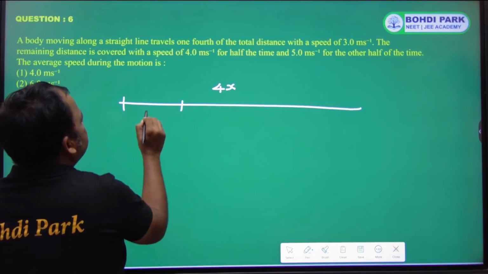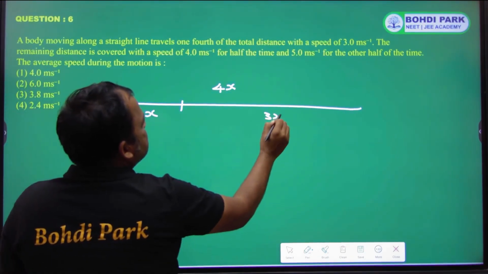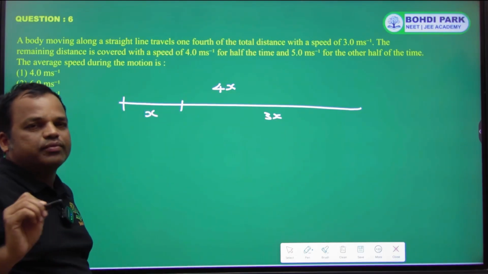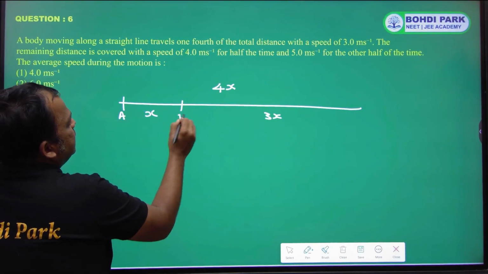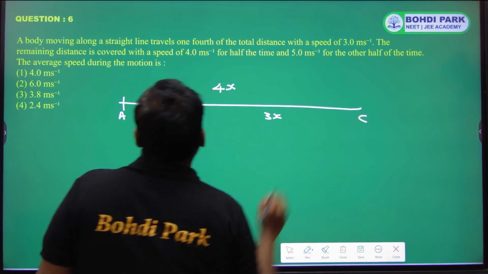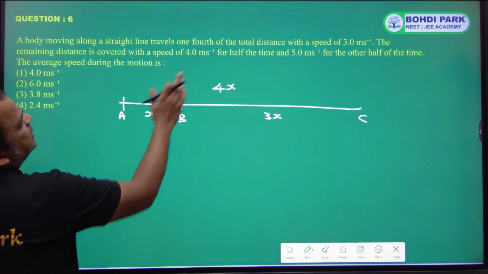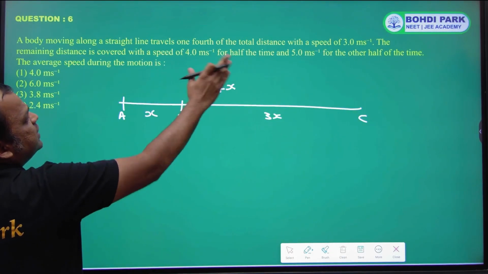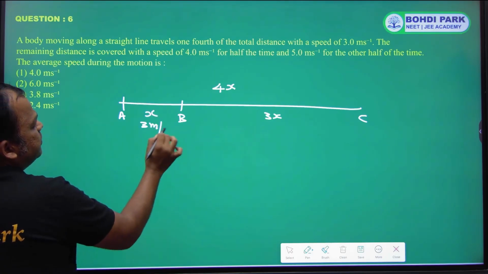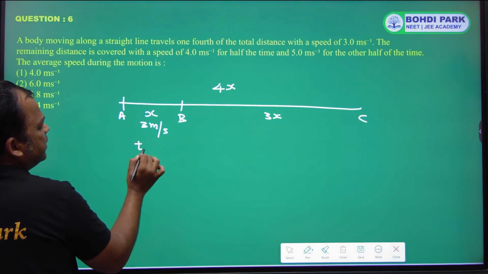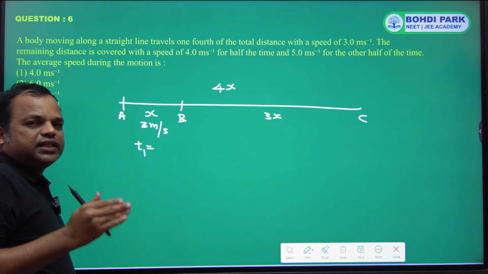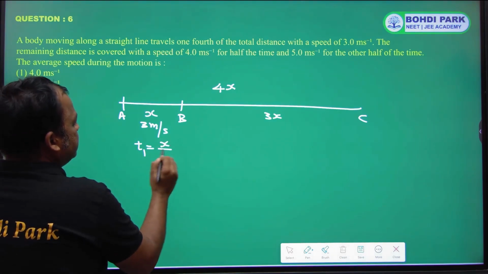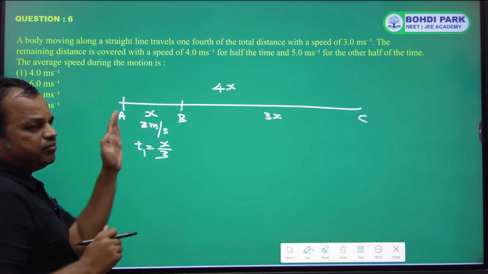So the 1/4 is x and the remaining is 3x. This 1/4, that is A to B, the speed is 3 meters per second. So we can calculate the time taken from A to B. Time taken is equal to distance upon speed. So x by 3 is the time taken from A to B.